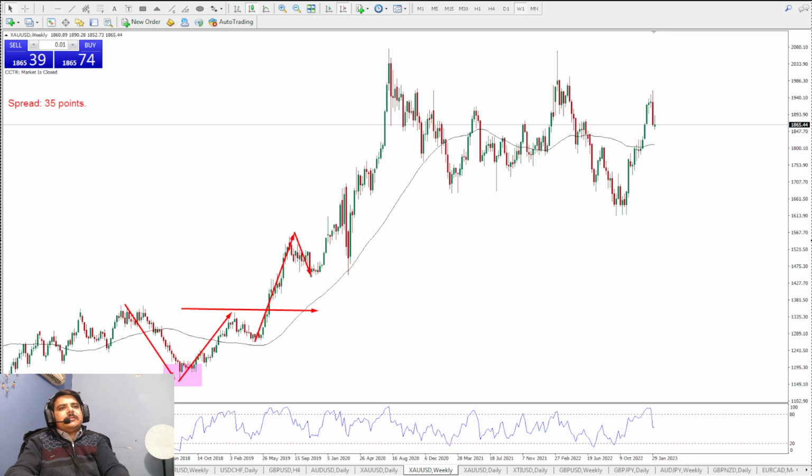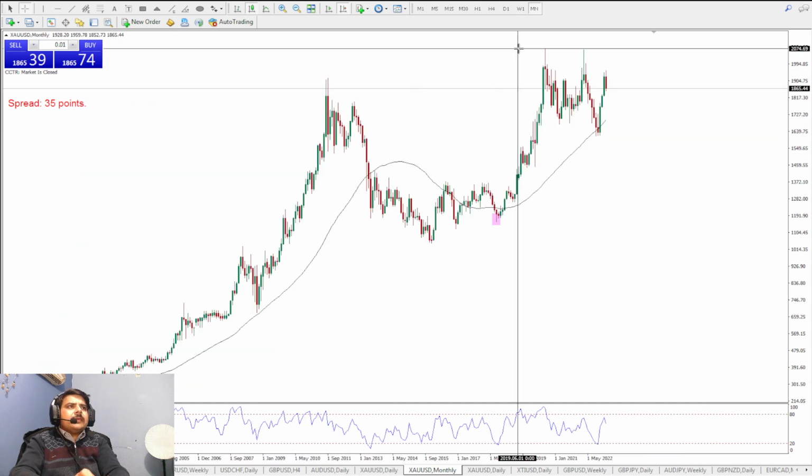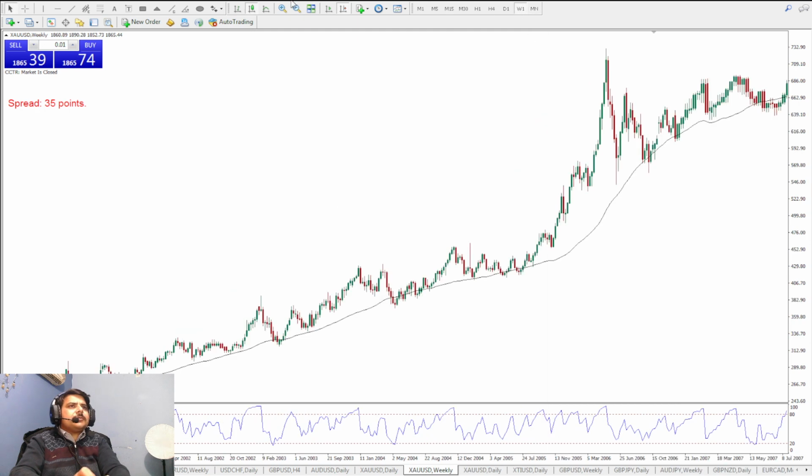Continuation, downward move, bottom, and obviously the continuation towards the top, and that's it. That's the highest of all time, to my knowledge, so far, I guess. Let me check it, but I have to delete these drawings. Yes, that's the highest point of all time.